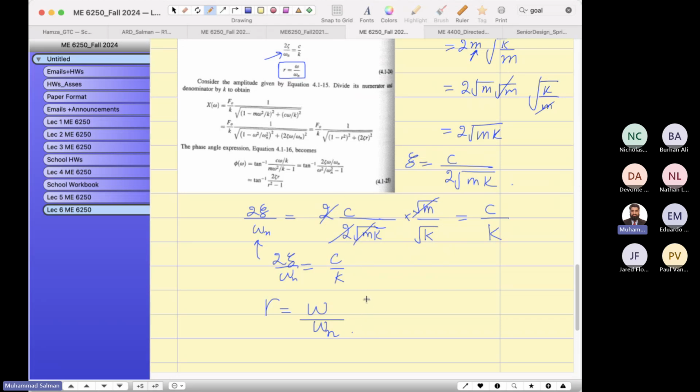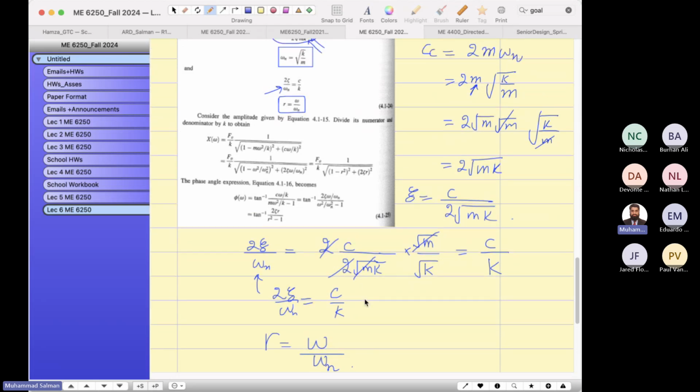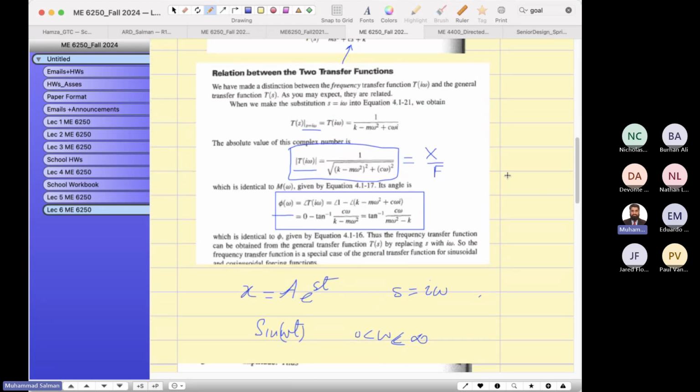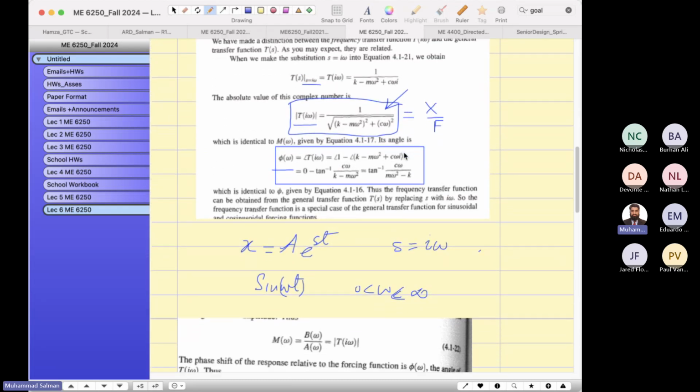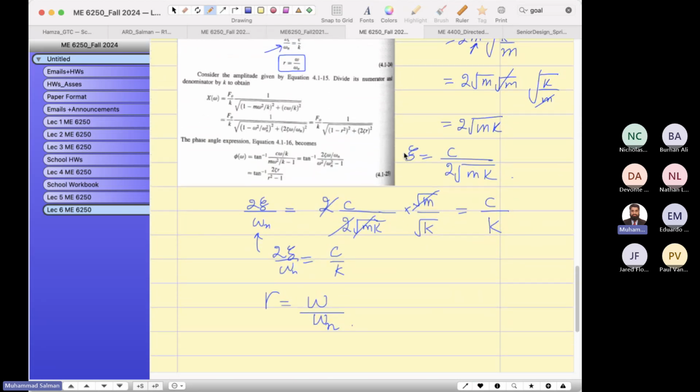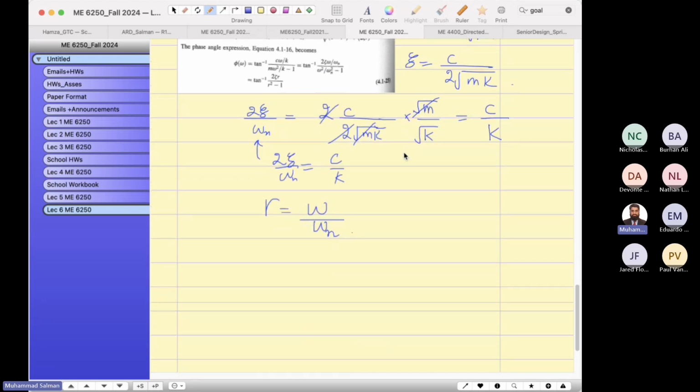R equals omega over omega n, and the same equation which we just wrote down here, you just take k outside the parentheses, so I can write it down here.